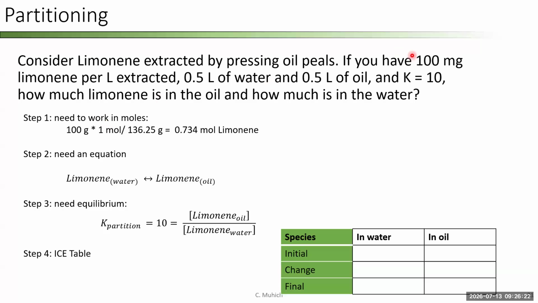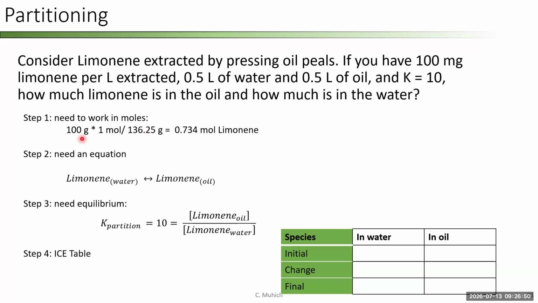We first need to know how many moles we have, because all of these Ks require us to work in moles. So we can convert our limonene mass to moles using the molar mass of limonene, which you can look up or calculate yourself.